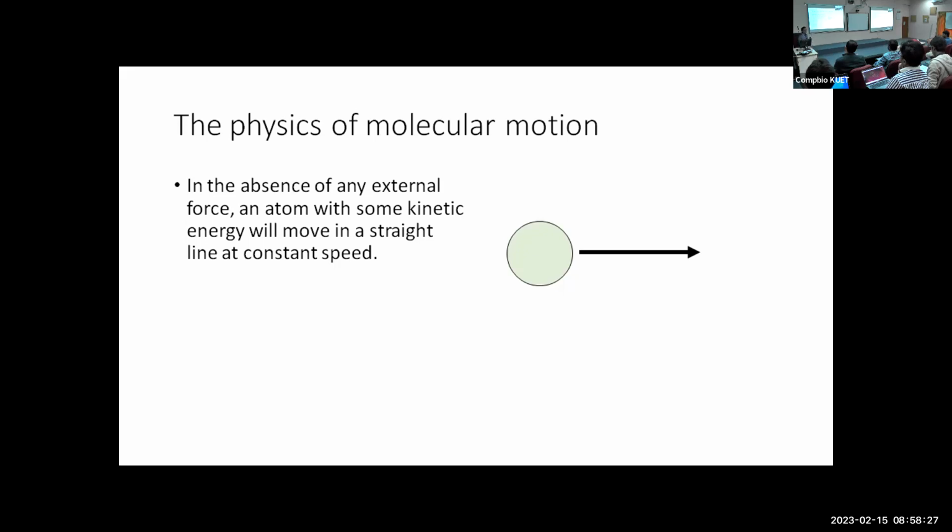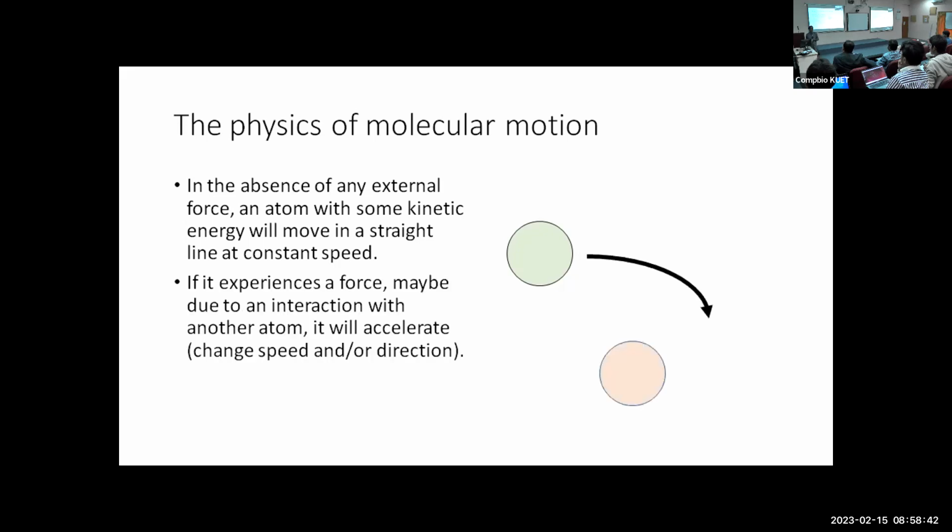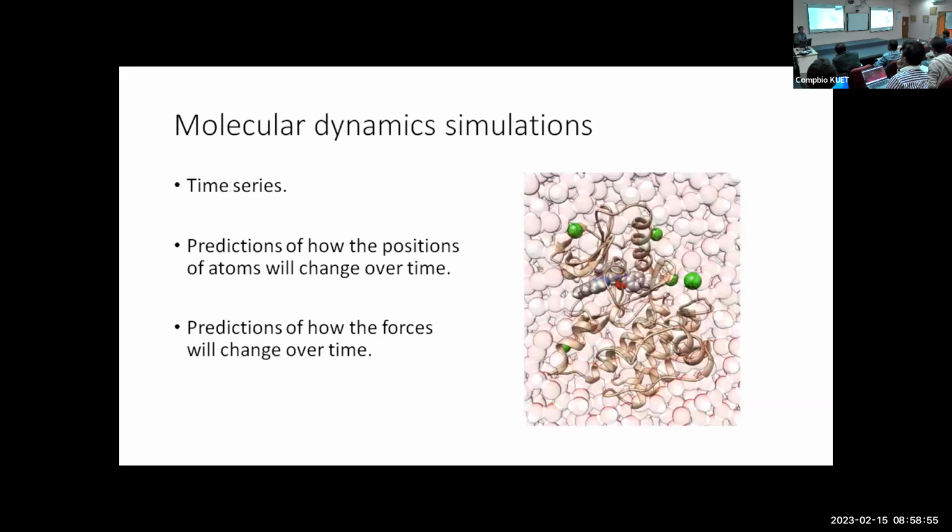If an atom looks like a simple sphere and we do not have any other force on it, then by Newton's second law, if it has some velocity, it is going to just keep moving on, right? Until another atom comes in. And when another atom comes in, there are multiple different ways it can go. It can collide, or most of the time it will have an attraction and bend its path, and so on. Okay. So that is what we do in MD.